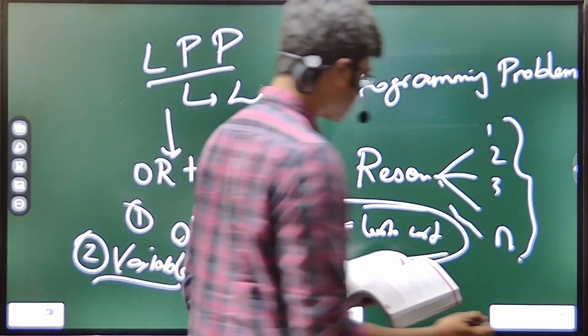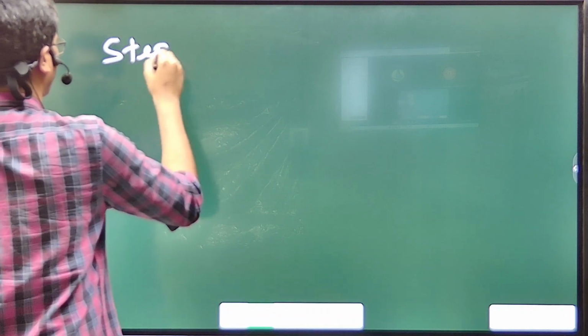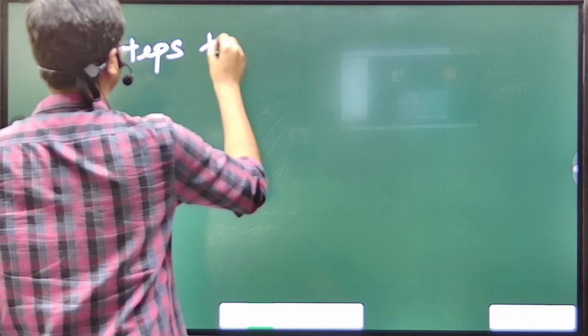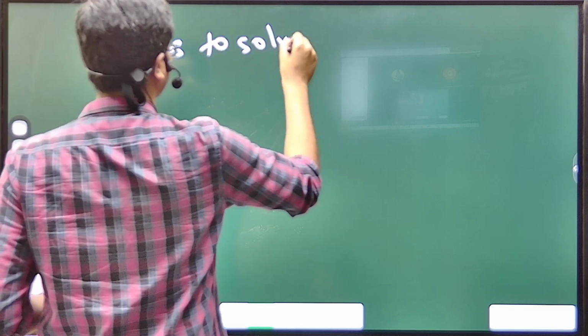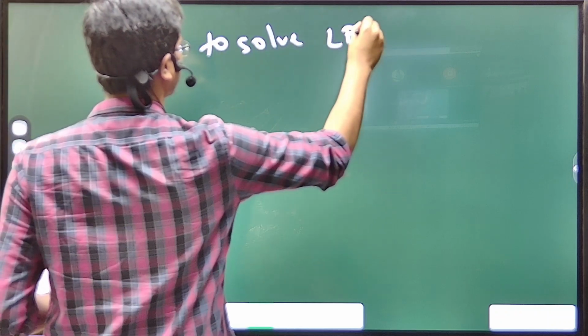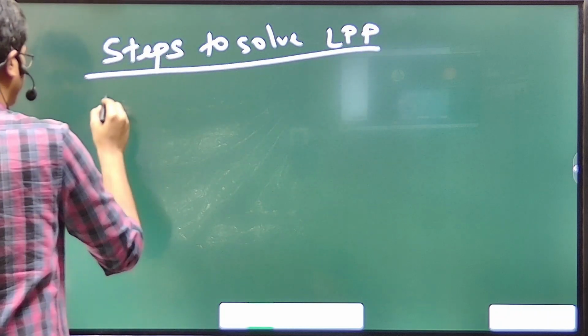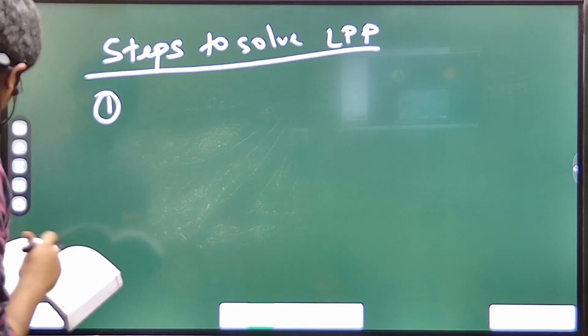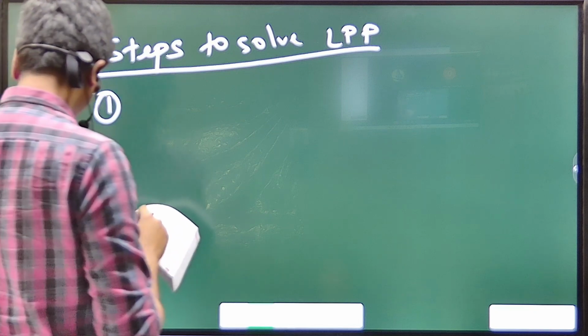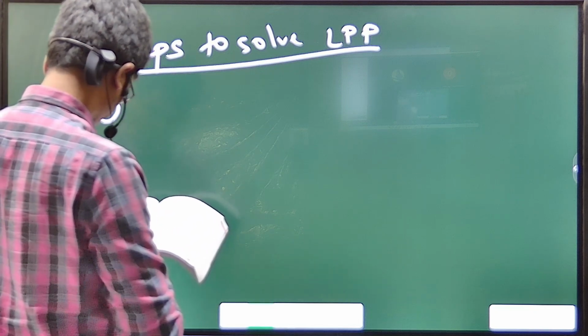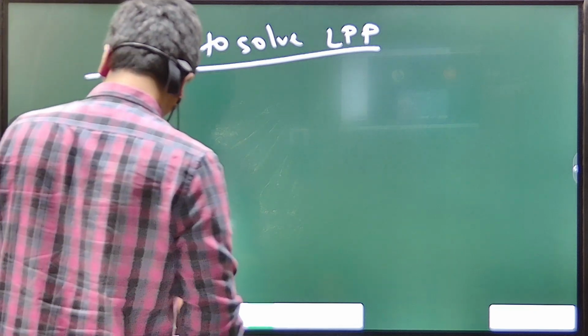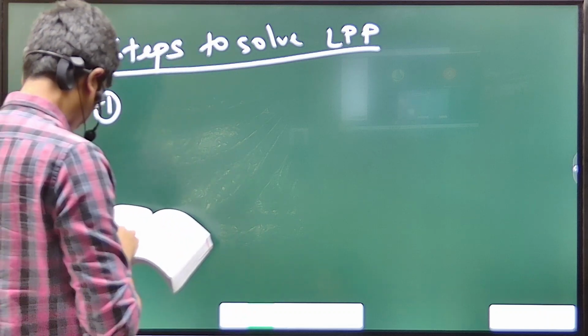Now let's look at the steps to solve a linear programming problem. First step is to find the key decision to be made from the study of the solution.